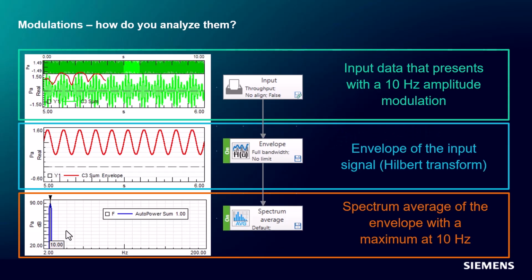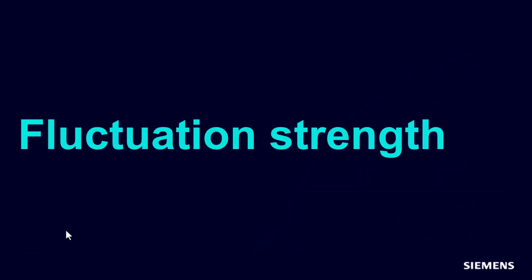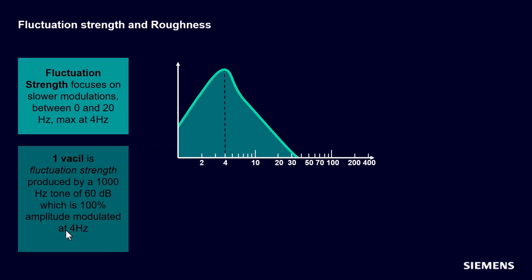Now, the reason we look at modulations is because there are 2 metrics that quantify that rumble sound. One of them is called the fluctuation strength, and one of them is called roughness. When they were coming up with a way to measure fluctuation strength, they found it got really perceptible to people if they were 4 beats apart.